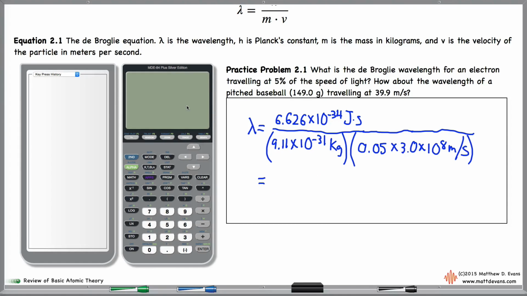All right, so let's enter this expression into the calculator. We've got to hit the second button, EE, and then negative 34 divided by... make sure we hit the negative button and not the subtract button, of course.